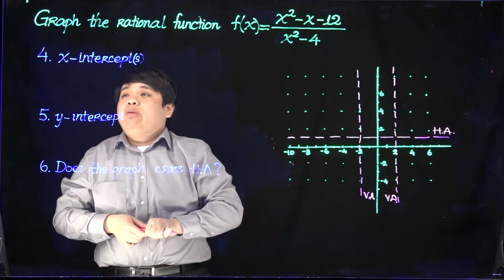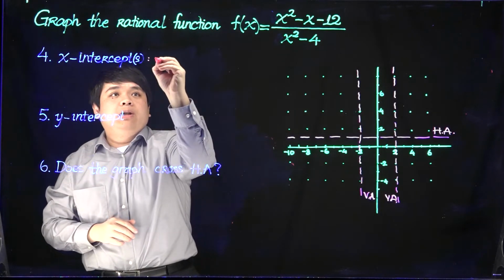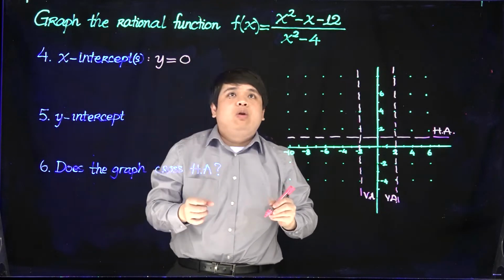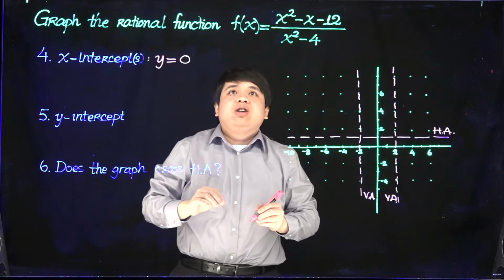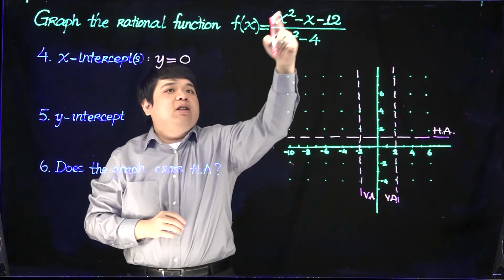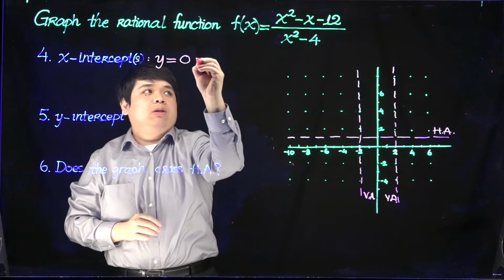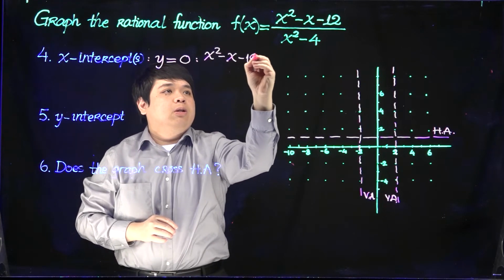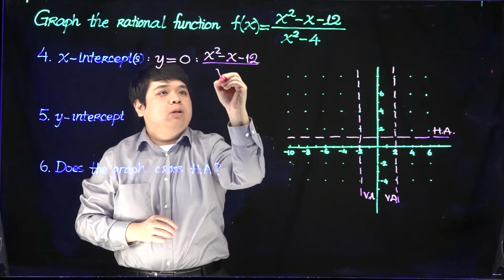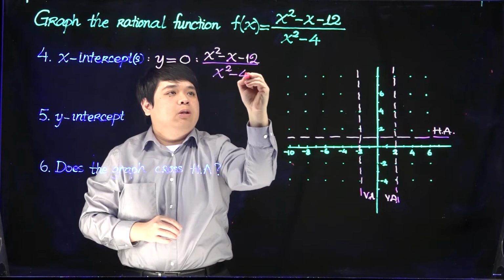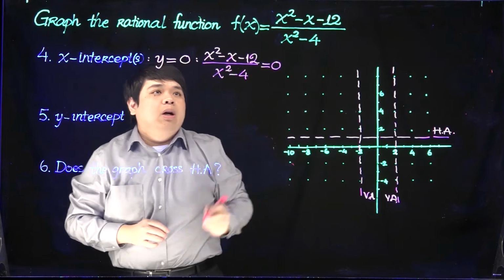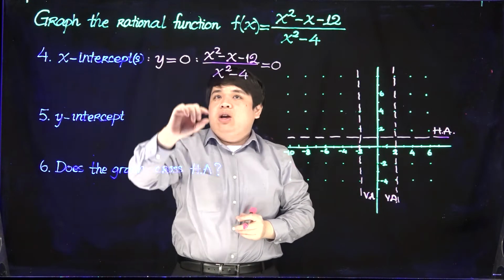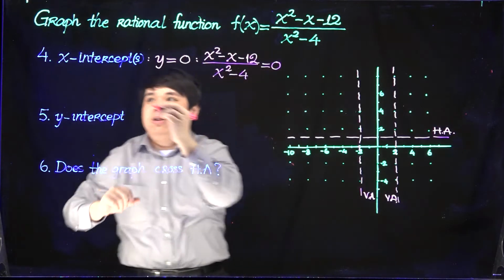So for the x-intercept, we let y equal to 0, and then we solve for x. Y is the function f of x, so we have that equal to 0. A rational function is equal to 0 when the top is 0, so we only have this part equal to 0.